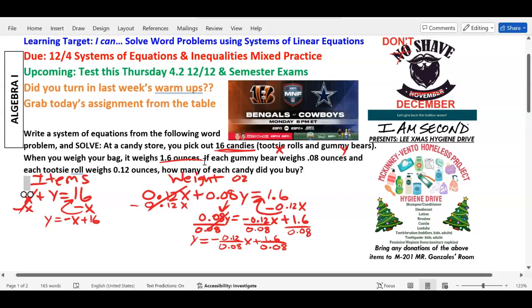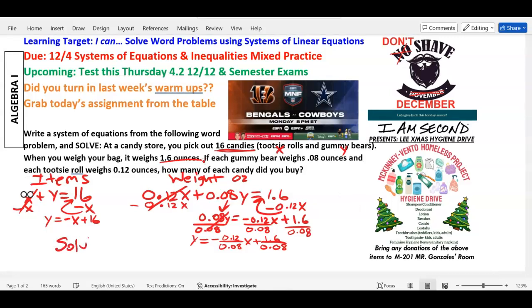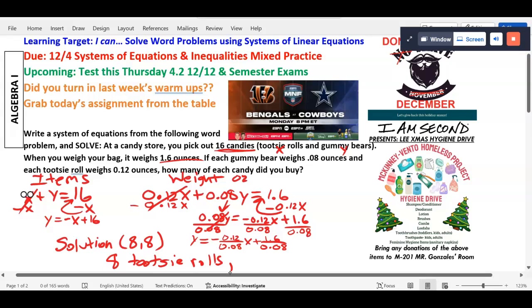Okay, so what was our solution? We got 8 comma 8. So when you interpret it, how do you interpret it? Well, that means 8 Tootsie Rolls. Does anyone like Tootsie Rolls? Kind of nasty, in my opinion. And then 8 gummy bears.